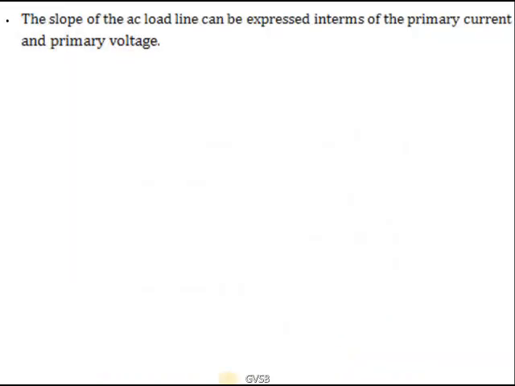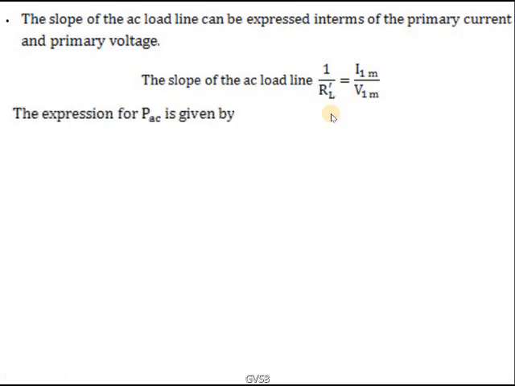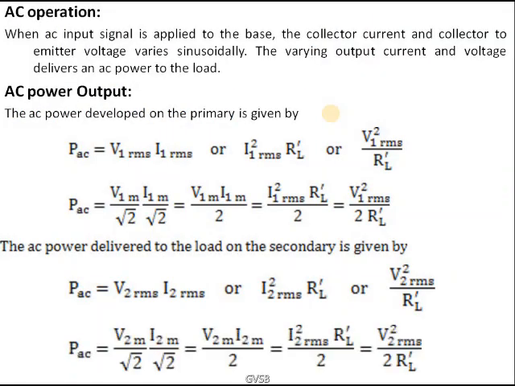As we have already discussed, the slope of the AC load line is 1 by RL, which can also be expressed in terms of the primary current and primary voltage as I1 maximum by V1 maximum. The expression for the AC power delivered to the load, already seen, is PAC equal to V2 maximum into I2 maximum by 2.